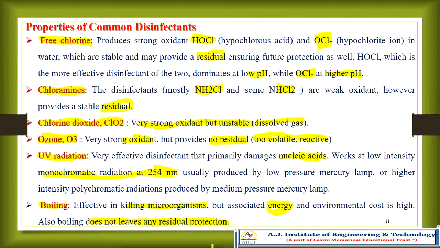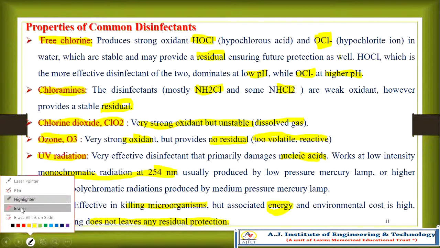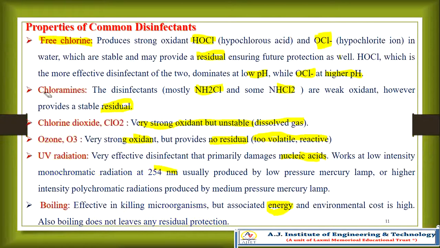For example, LPG, liquid petroleum gas, or electrical energy, or petrol, any kind of energy is required, so the cost is going to be high. Okay, that is about the disinfection mechanisms. Very simple. I hope you understood this concept easily.